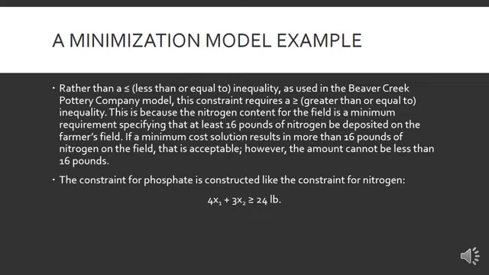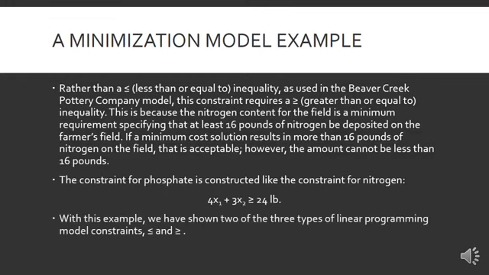Sa maximization, lesser than or equal to. With this example, we have shown two of the three types of linear programming model constraints: lesser than or equal to and greater than or equal to.